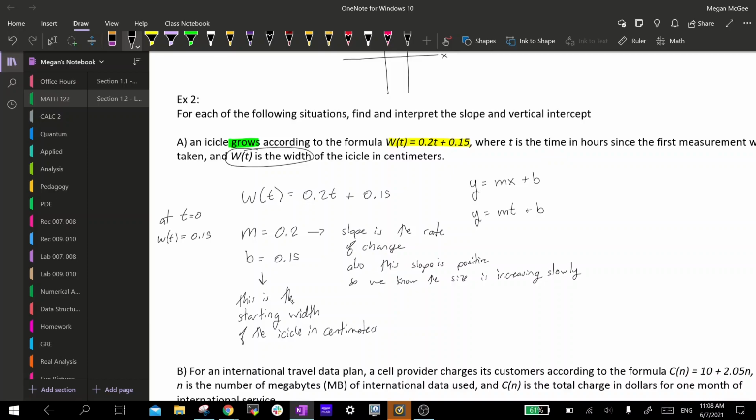Okay, so we found the starting width of the icicle. That was our intercept, and we found that it is growing very slowly according to our slope. So we have now found and interpreted both the slope and the vertical intercept in this problem.